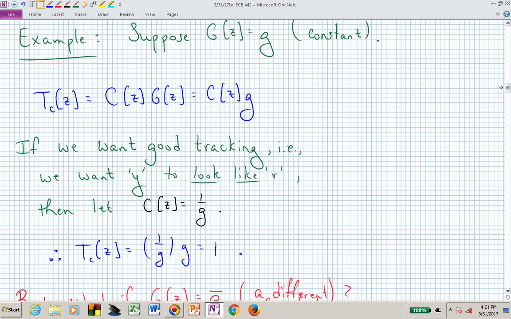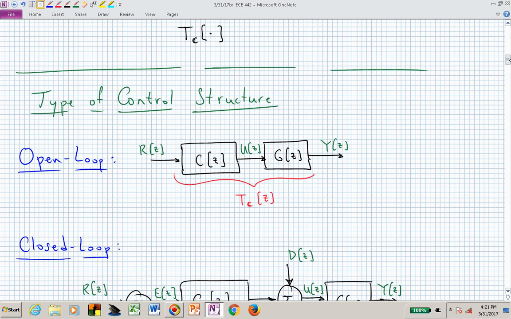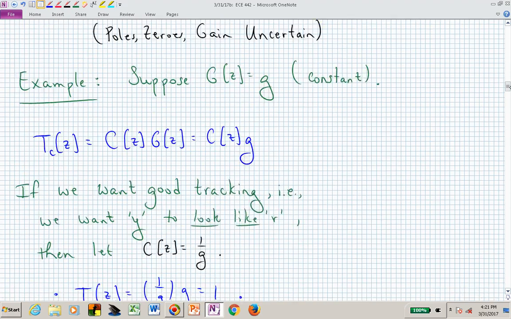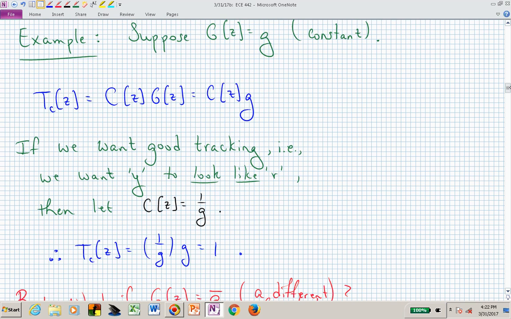If we want good tracking, that is, if we want the output Y to look like the R, again in our open loop configuration, here if we put in an input R, we want the output Y to look like R, then for this open loop system, one way to make that happen would be to just make capital T sub C of Z be 1.